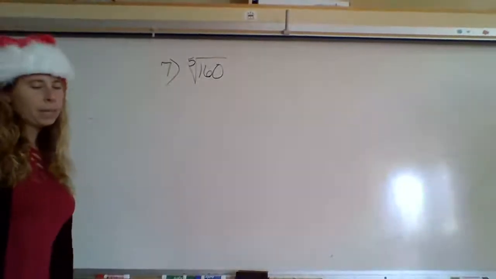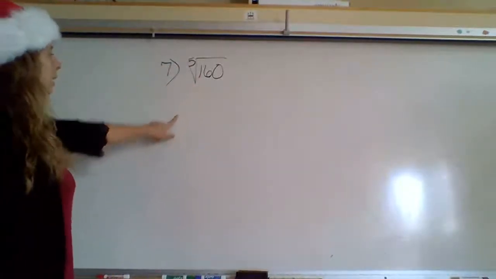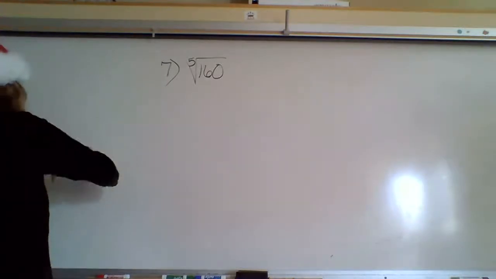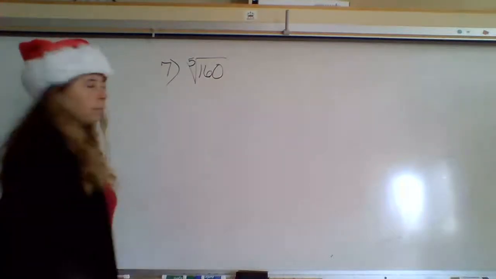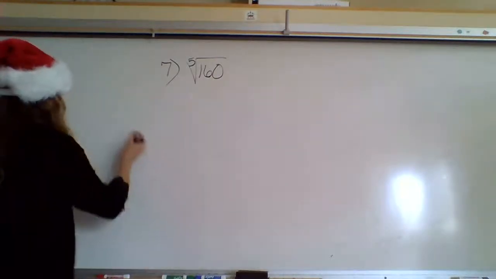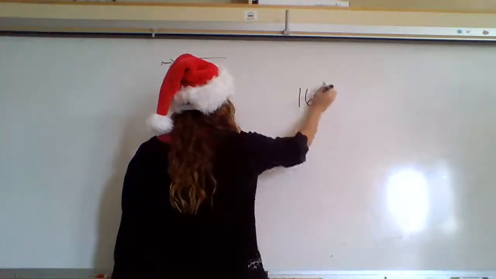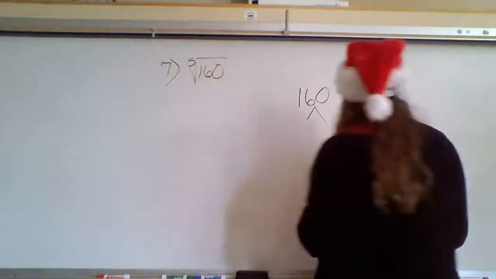Okay. Number 7. The 5th root of 160. Start with writing out your factors of 160. I'll do it over here, just to mix it up. Two numbers that equal 160.